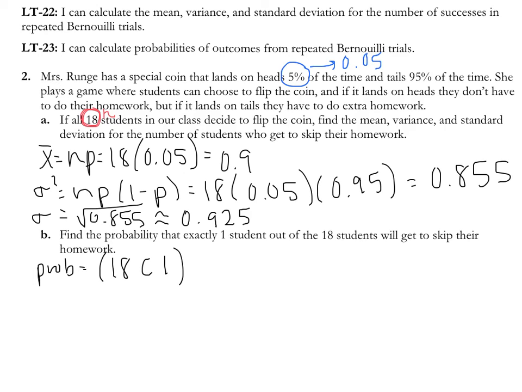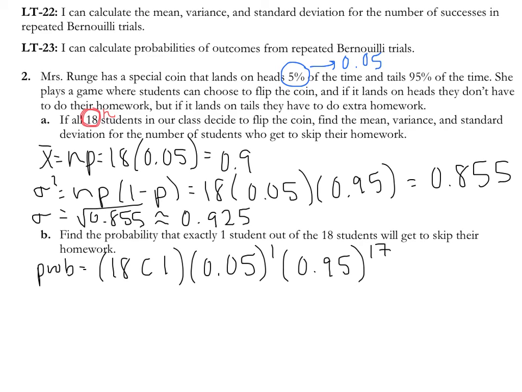So that's the number of different ways we could pick one student to get to skip their homework, times the probability of success, 0.05, raised to the first power because we want one success, times 0.95 raised to the 17th power, because if out of 18 students, one of them is a success who gets to skip their homework, the other 17, those are failure events where the students have to actually do extra homework.